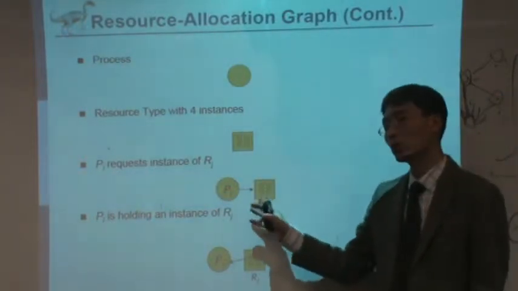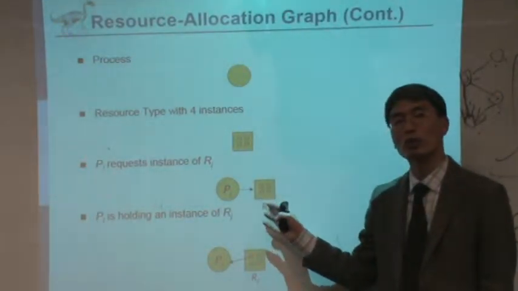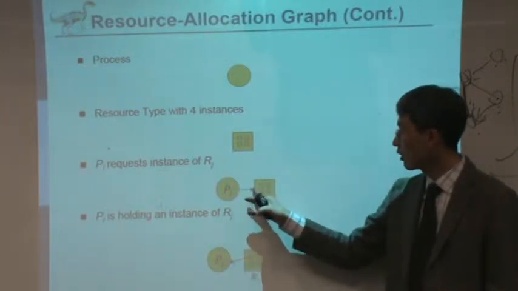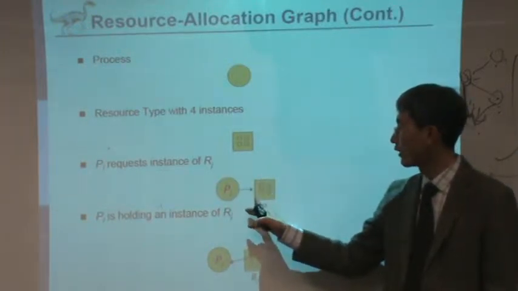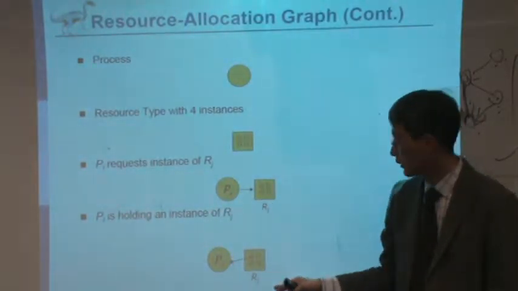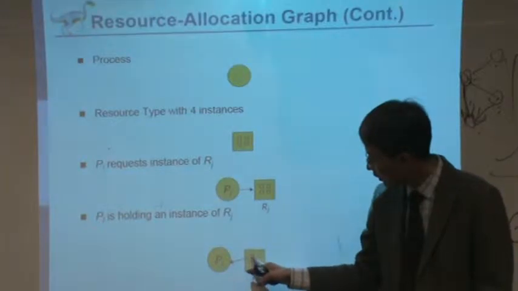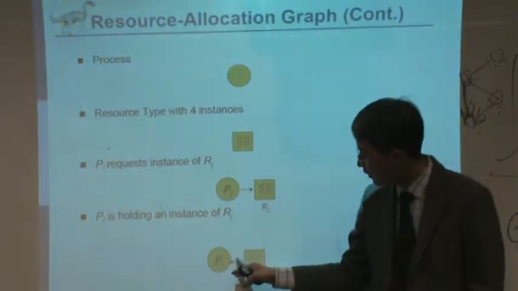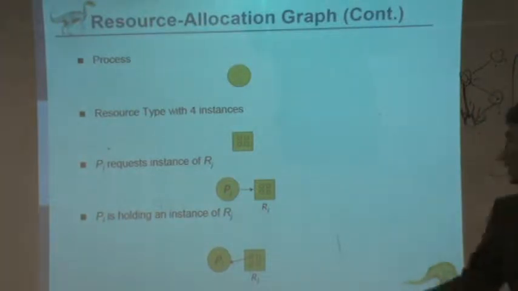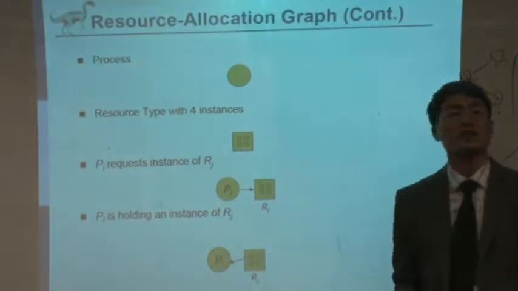We don't know which instance will be allocated, so because we have 4 of them, the request goes to the outer rectangle. Pi requests Rj. Then this one means this first instance is allocated to the Pi. In other words, Pi is holding this instance.